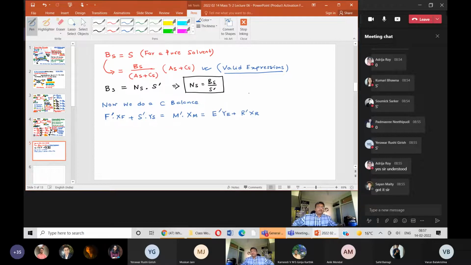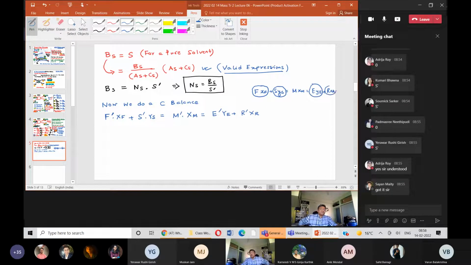What is the normal C balance you write? The normal C balance you would be writing is FXF plus SYS is equal to MXM equal to EYE plus RXR. They are essentially the same, because this term FXF is nothing but C in the feed. This is the C in the solvent. This is C in the extract.